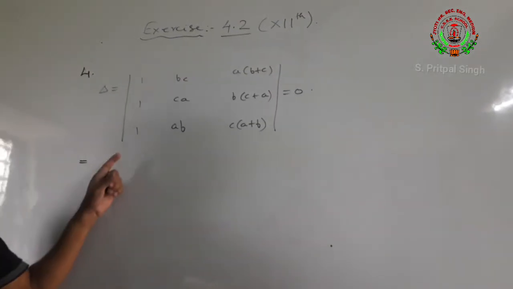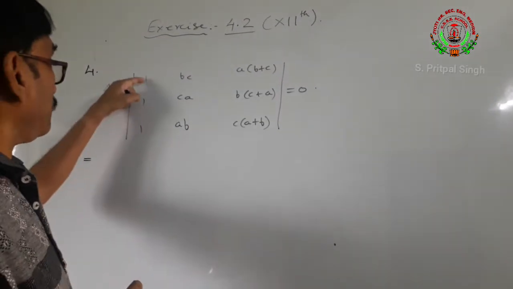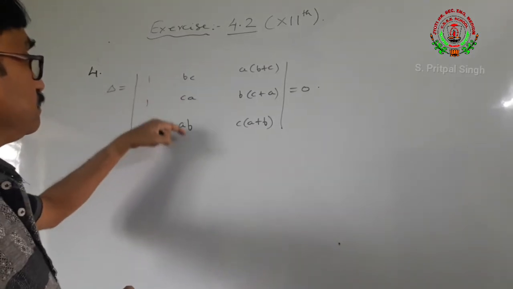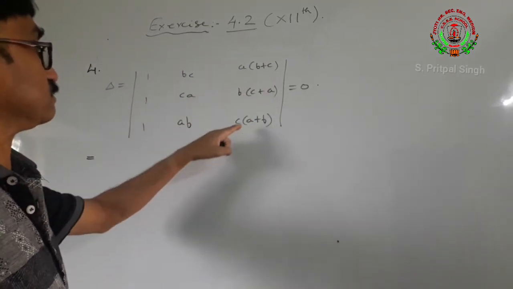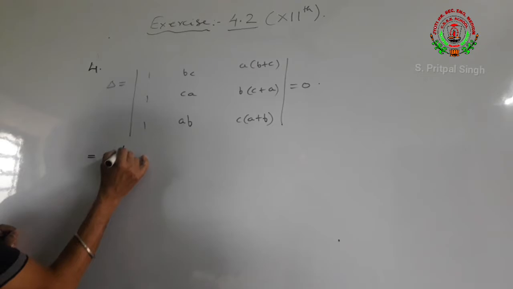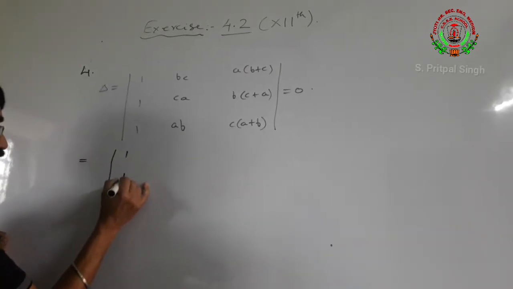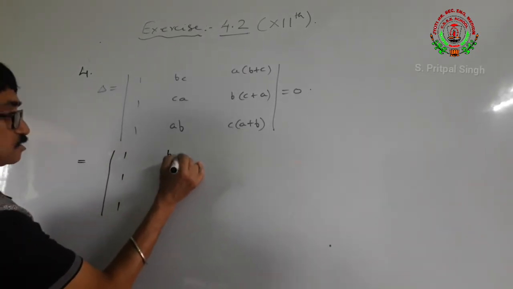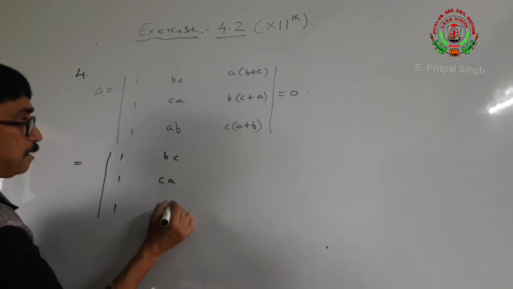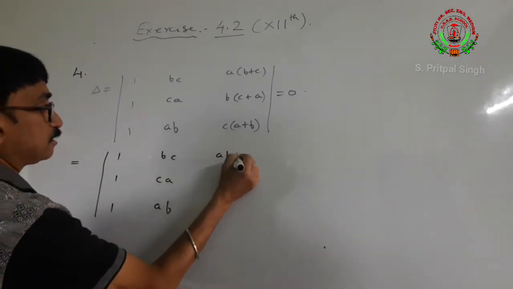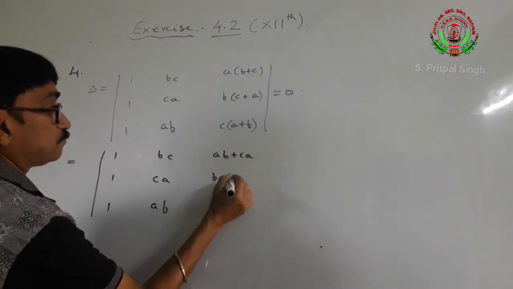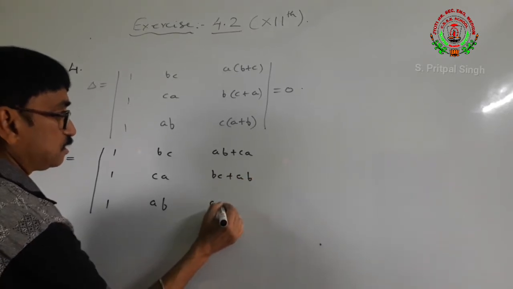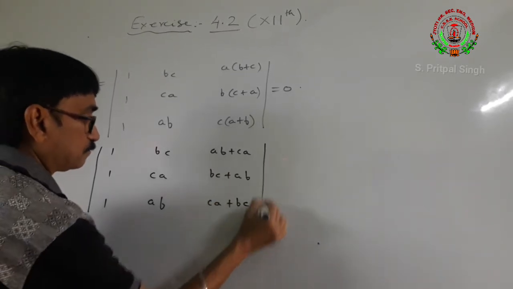Now we come to the question number 4. 1, 1, 1, BC, CA, AB, A into B plus C, B into C plus A, C into A plus B. First we open the bracket of the C3 column, that is we get AB plus CA, BC plus AB, CA plus BC.